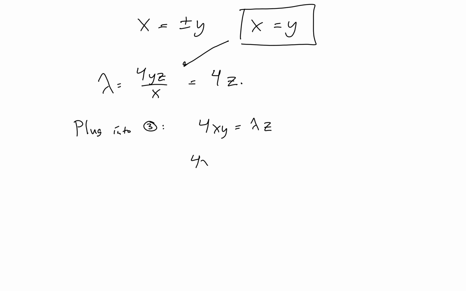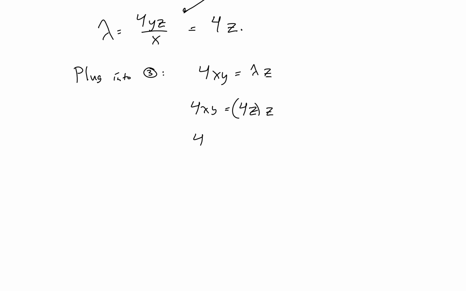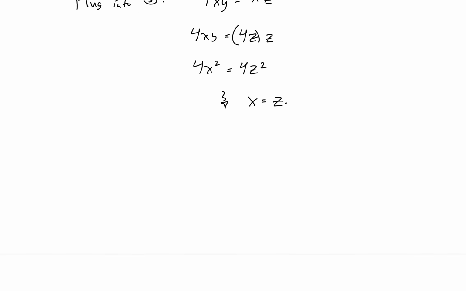So this is lambda becomes 4z times z, and the left-hand side becomes 4x squared because x is equal to y. So this equation gives me x is equal to z. So our point satisfies x is equal to y is equal to z.